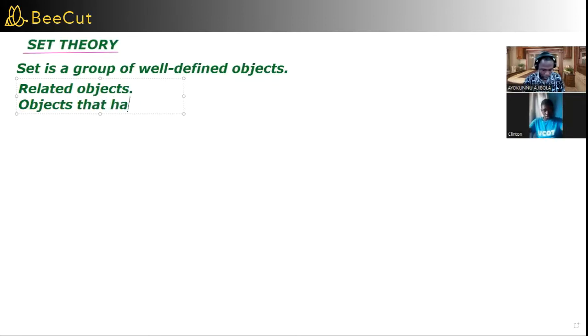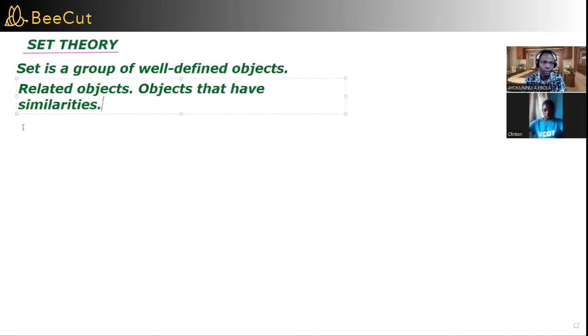The term well-defined objects here simply means related objects, objects that have similarities, something that unites them together, that we can say they go along together.